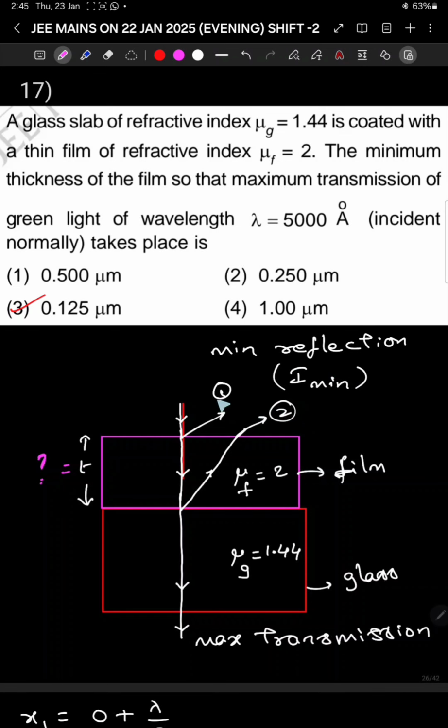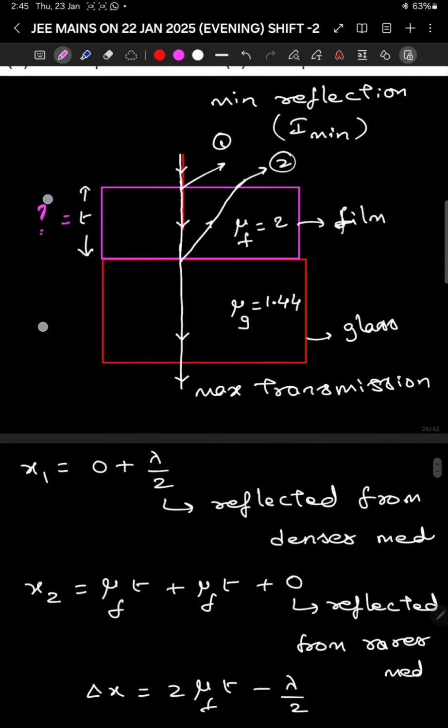Now let us find the path difference of these two. For the first ray, it is a reflection from a denser medium, so the path difference will be lambda by 2. For the second, it is a reflection from a rarer medium, so the path difference will be 0, but the path traveled is mu t here, and again it will come back, mu t plus mu t, 2 mu t.